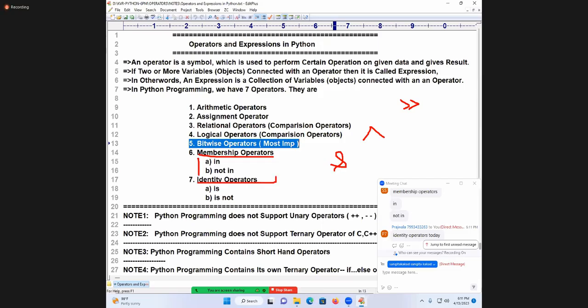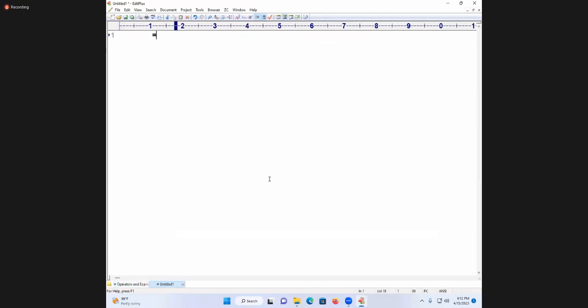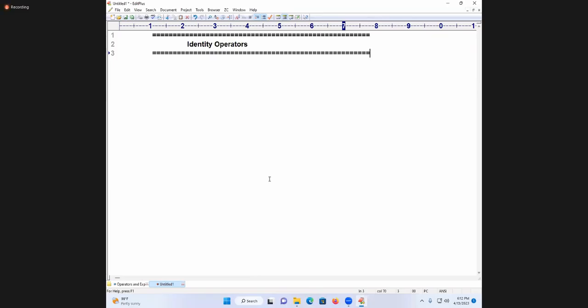And today we are going for identity operators. For the first half an hour, we will talk about identity operators. Let's start. What is the use of identity operators?